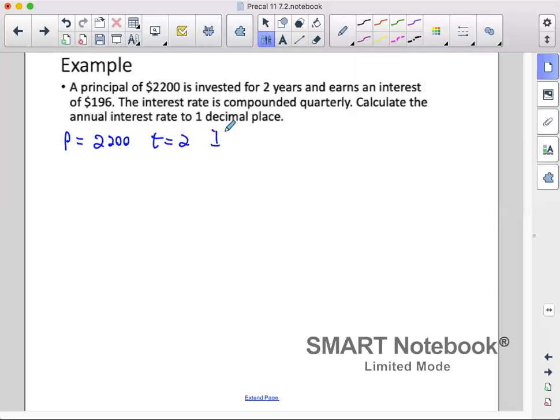We know the interest earned is $196. We know it's compounded quarterly, so our N is 4. Currently we are still missing a value to get our R value, and that's our A value. We know from previous notes, A is equal to P plus I. So our amount is going to be 2,200 plus 196, so our amount is 2,396.